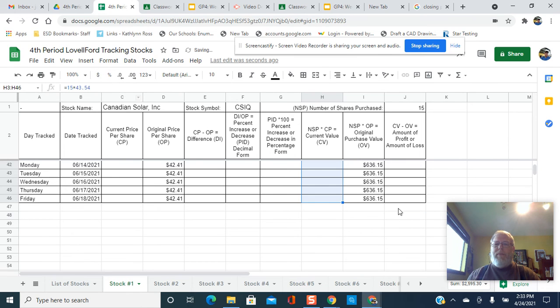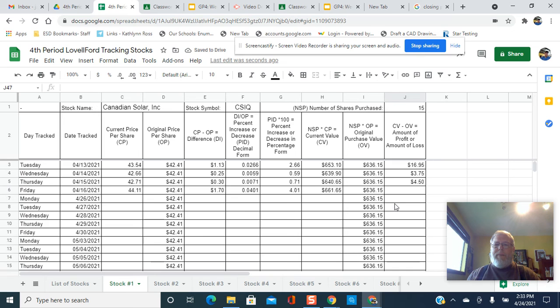Cha-ching right there. So now let's subtract. We're going equals 661.65 minus 636.15. So right now we have a profit of $25.50. That's how much money we've made off of our stock that day.